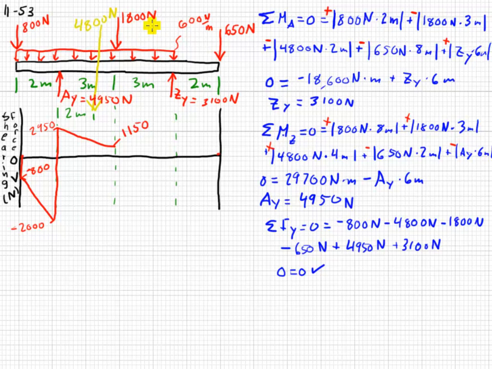Then at this point, we drop another 1,800 newtons, right down here to negative 650. And then for the following 3 meters, we drop another 1,800 newtons, 3 meters times 600 newtons per meter.